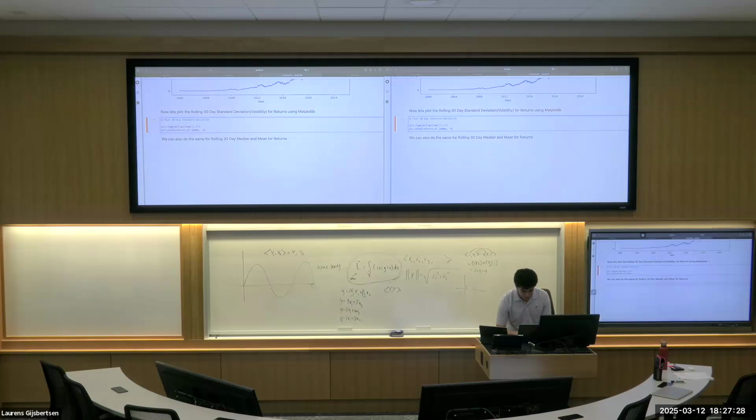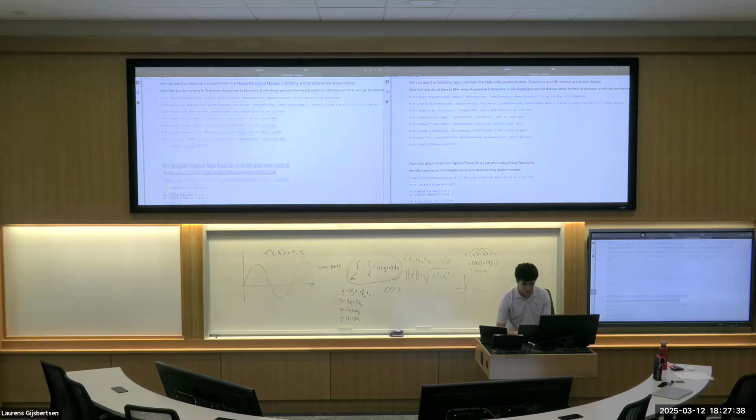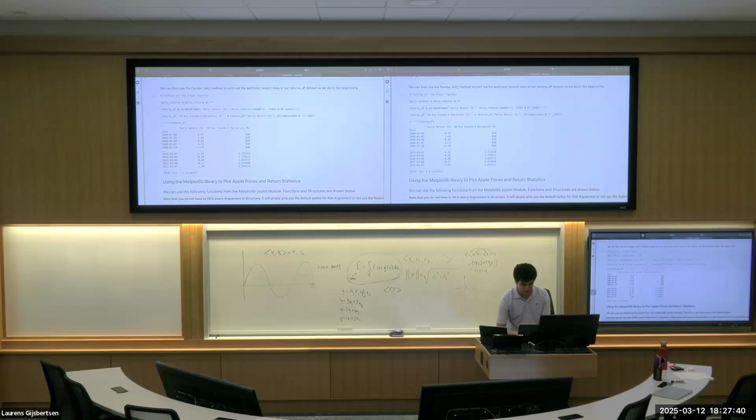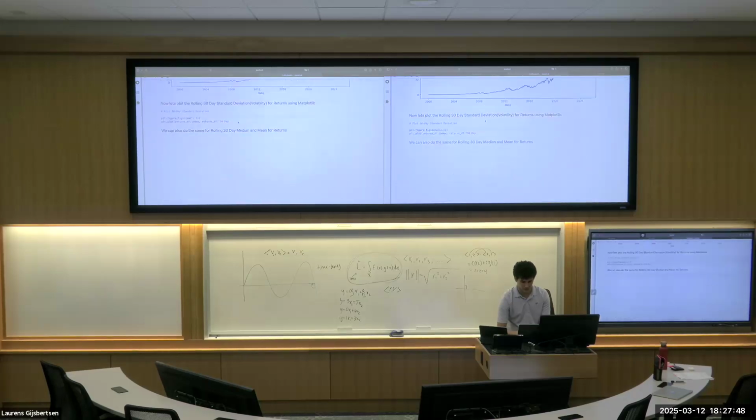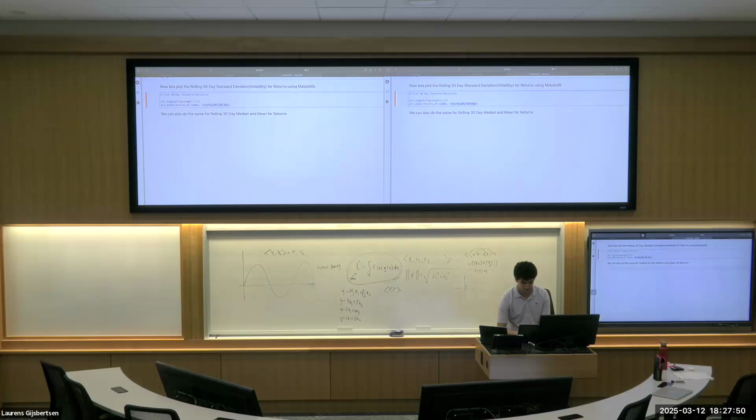And then returns, df, 30-day. Now what we can do, we can scroll up and simply copy this from here, and then we can close that.